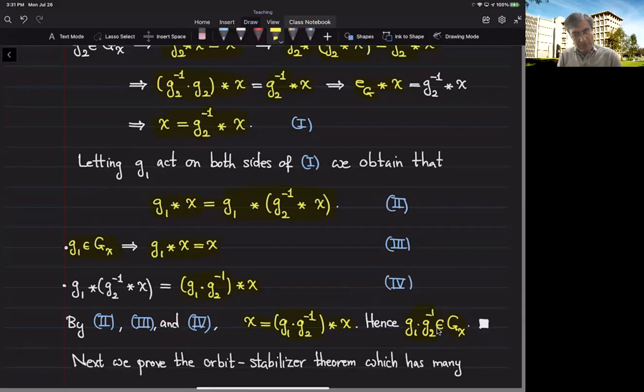So the stabilizer subgroup of the group G with respect to the point X is indeed a subgroup.